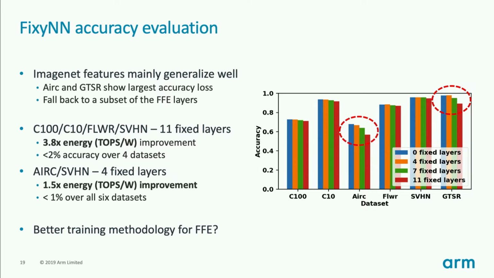So instead, we fall back to just taking the activations from an earlier output in the fixed front end. Over 4 of the 6 networks, we can use all 11 fixed layers, and we get energy improvement of 3.8 times. For those 2 slight outliers we studied, we can still take the output after 4 layers and get a 50% energy efficiency improvement.